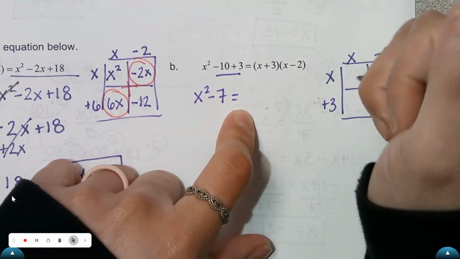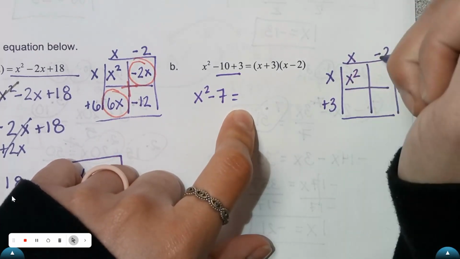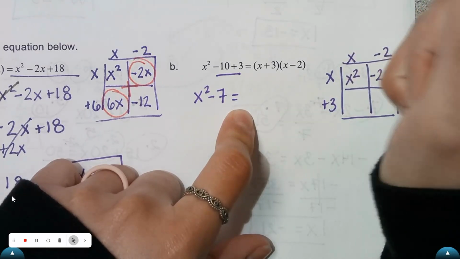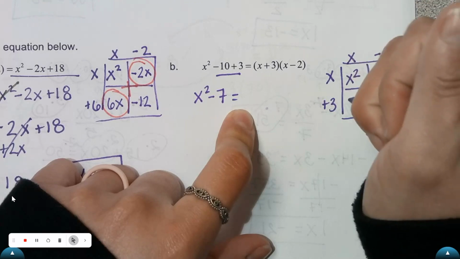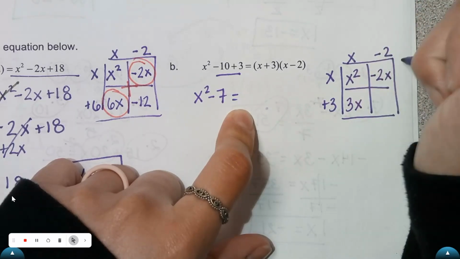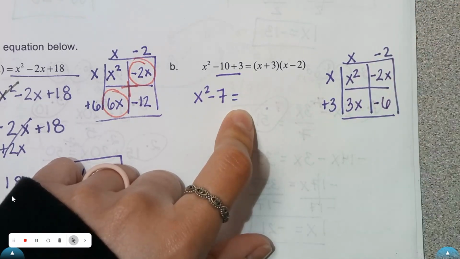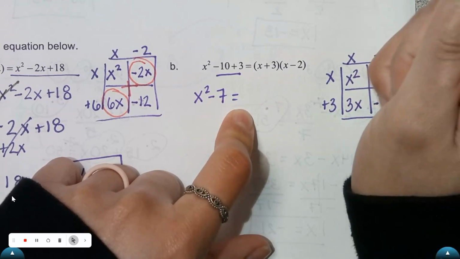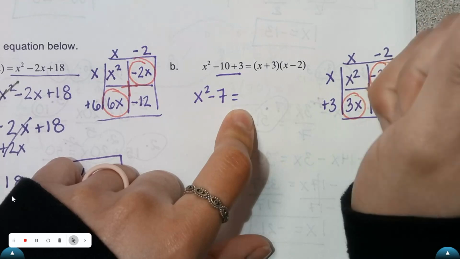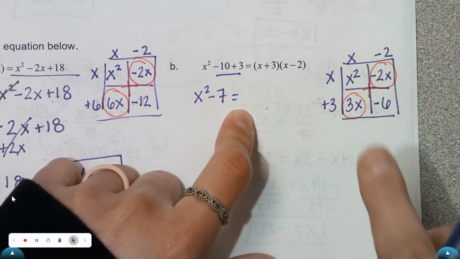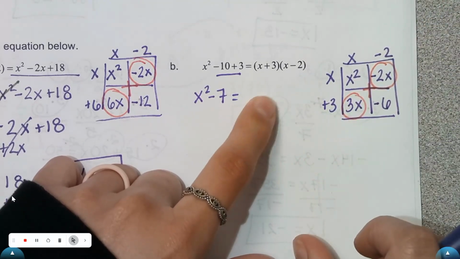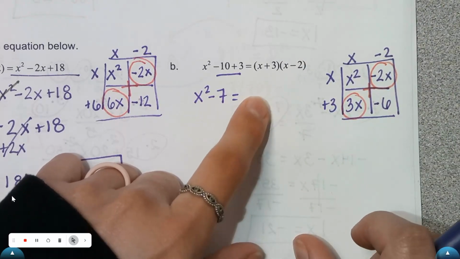All right, so I have x times x, which is x squared, negative 2 times x, which is negative 2x, x times 3, which is 3x, and negative 2 times 3, which is negative 6. I'm going to combine my like terms, and then I'll write my answer outside of the box, but I'll write it right here on the right side.